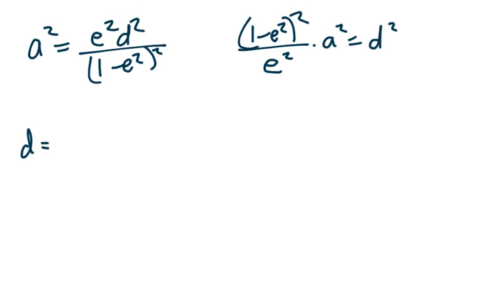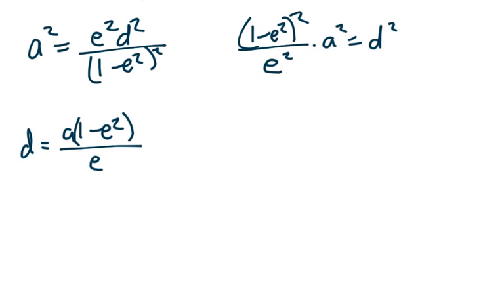Normally you say plus or minus, except that d is supposed to be positive. A is supposed to be positive. Because we're talking about ellipses here, we want e to be less than 1. So 1 minus e squared is also positive. And of course e is always positive. So you're looking at this for d.